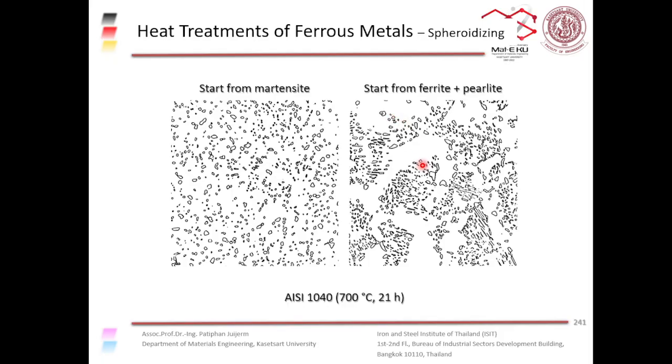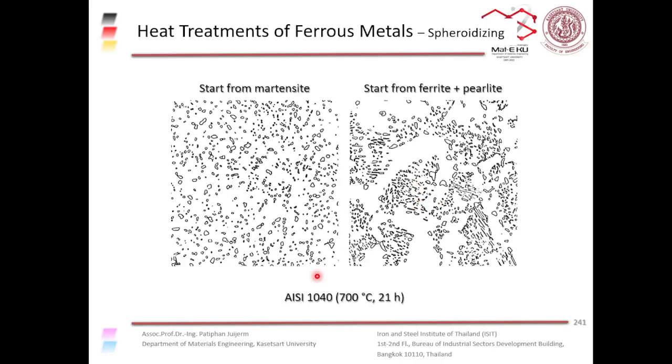So you have primary ferrite. As you can see the primary ferrite here, around here, all this white area is the primary ferrite, and this area here used to be pearlite. This used to be pearlite grains, but when you do the spheroidizing process, the pearlite grains transform into ferrite and spheroidized cementite.